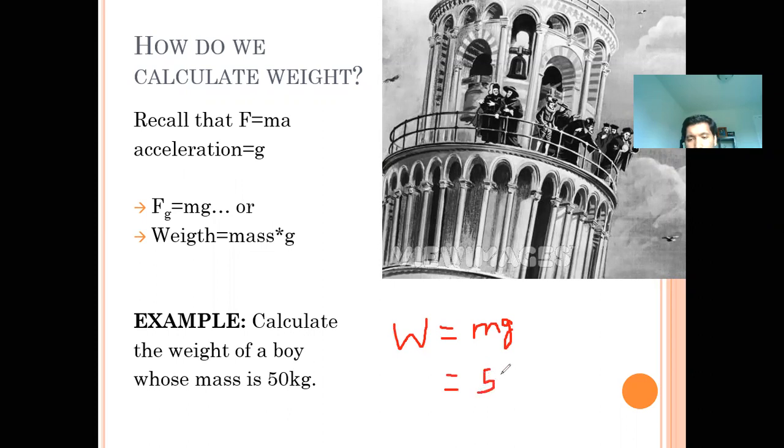And I know the value of g is 9.8. I have a calculator here. If I multiply 9.8 by 50, I will get 490, which is 490 Newton, right?